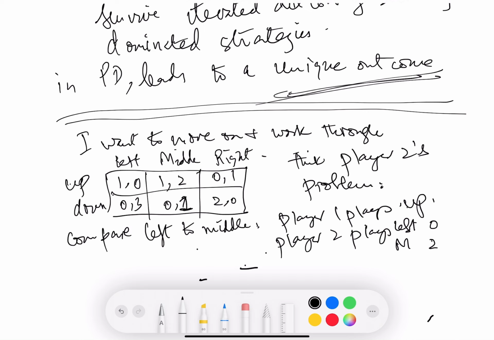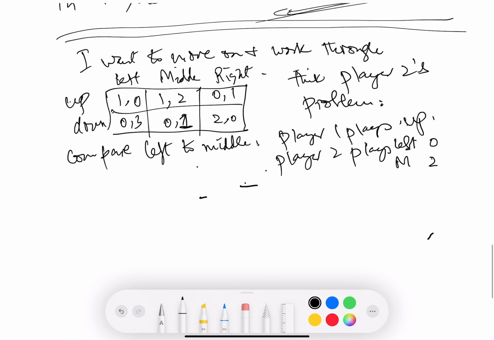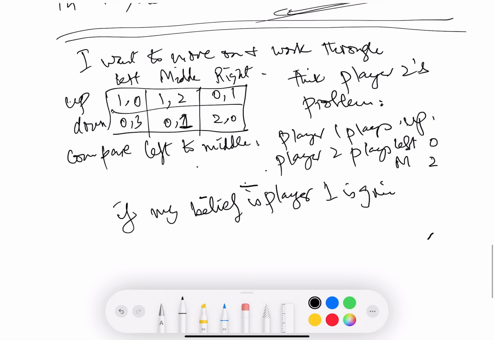So if my belief is that player 1 is going to play up, then middle is better. However, if my belief is that player 1 is going to play down, then what do I do?